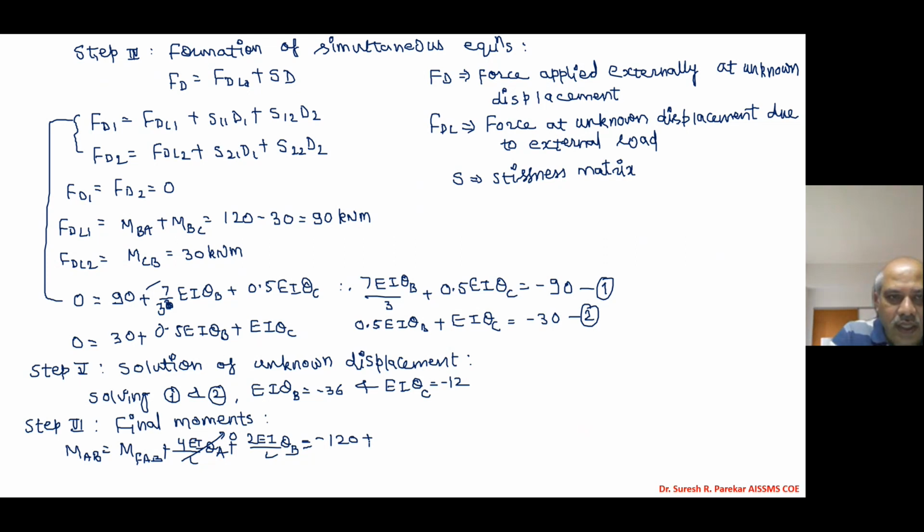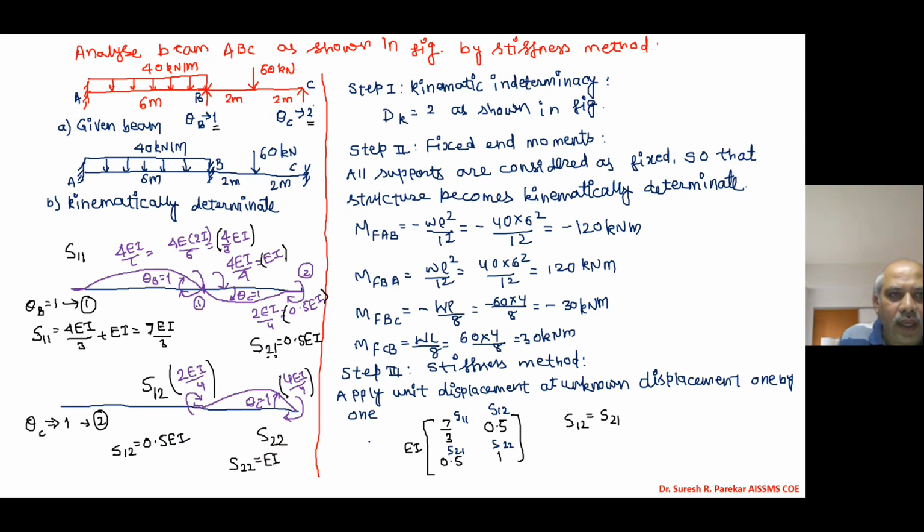Here we have EI. In the example, this is 2 EI, and this is EI, which I have considered but did not mention in the example.